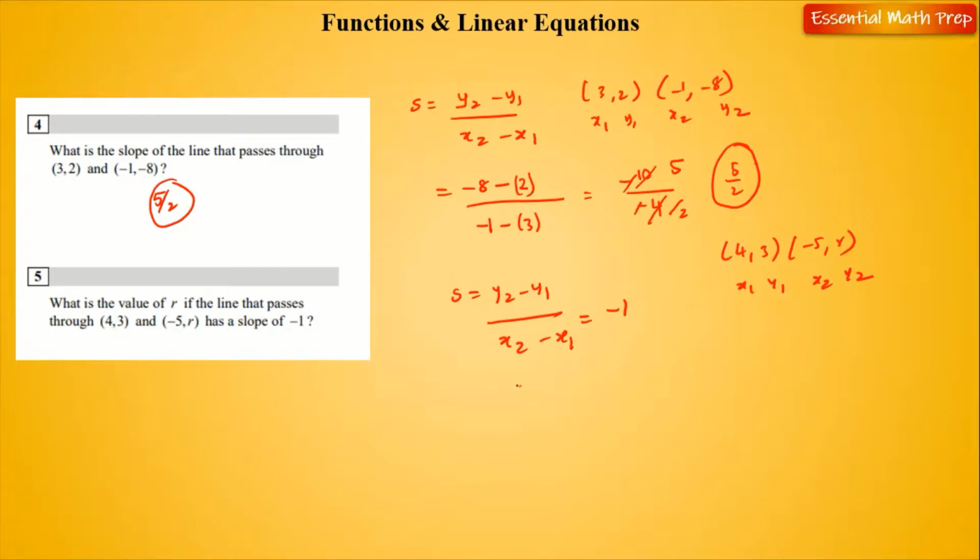So r minus 3 over -5 minus 4 equals -1. So r minus 3 over -9 equals -1. So r minus 3 equals 9, r equals 12. Very simple, isn't it?